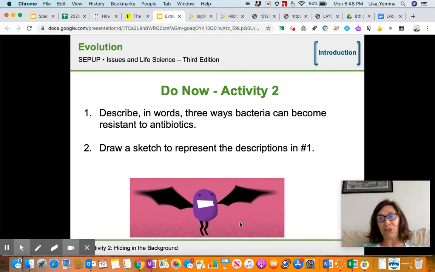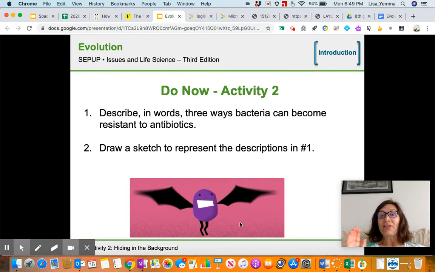So thinking about yesterday and what we've been doing for the past few days of our unit on evolution, bacteria have a mechanism when they die or when they reproduce, where they can pass on some of their mutations.